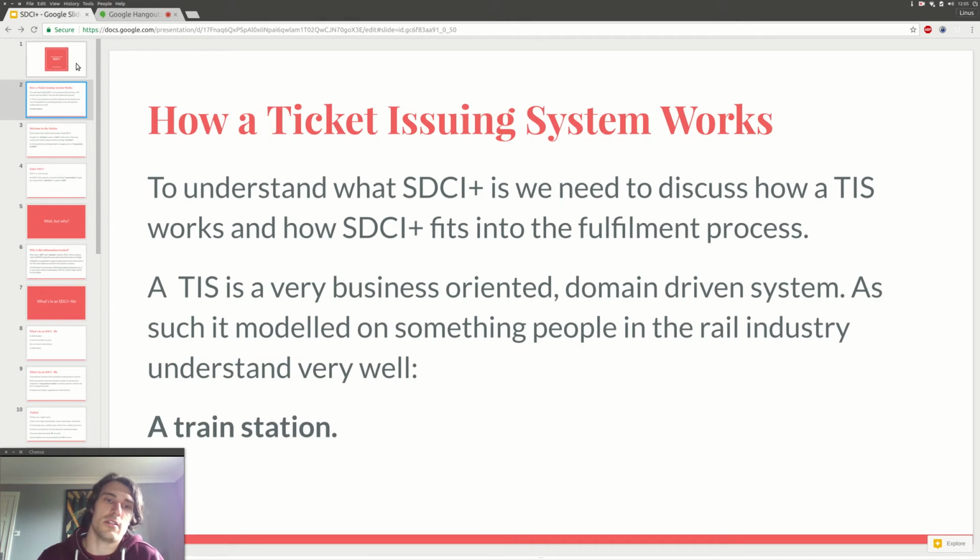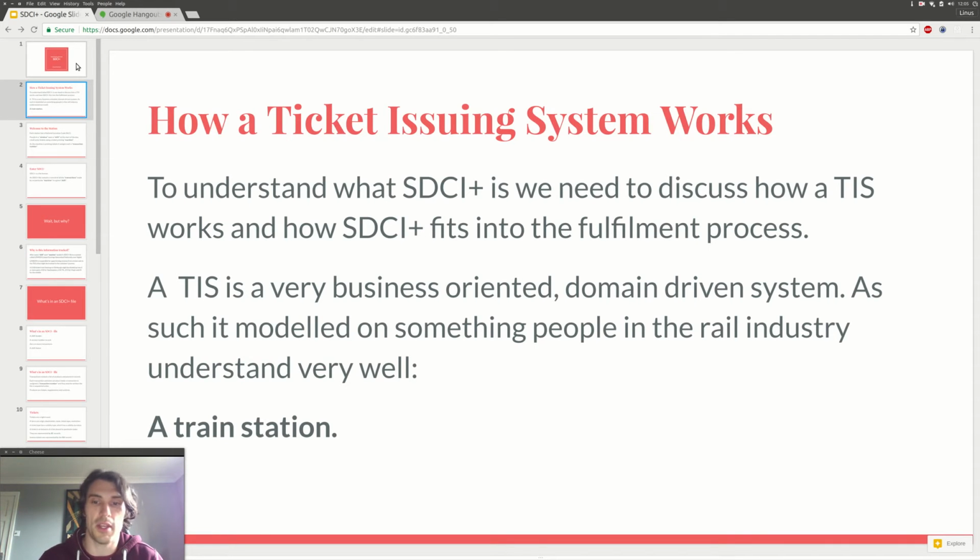So a TIS is a pretty business-oriented thing. It's a really domain-driven system. There's a lot of business logic in there. To be fair, it was approached from a business perspective, so they modeled it on something that everybody knew well, which was a train station.